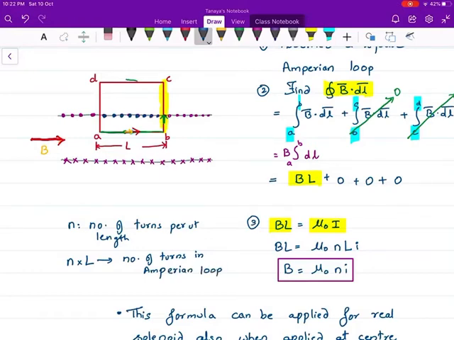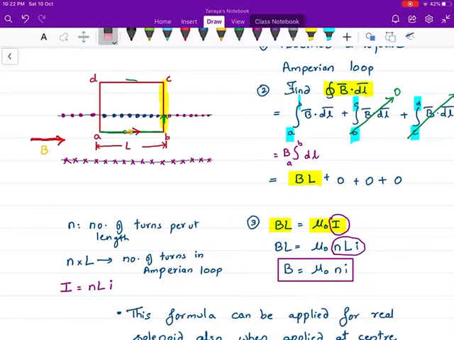And if i is the current through each loop, the total current flowing inside the Amperian loop is the number of loops into the current through each loop. So I'll get it as nLi. In place of this capital I, substitute nLi.